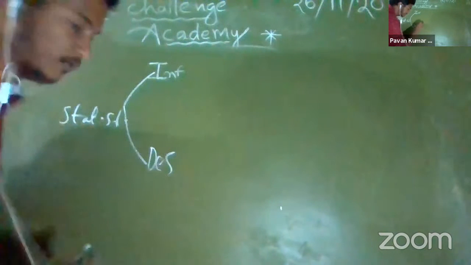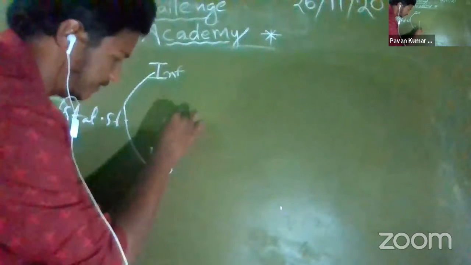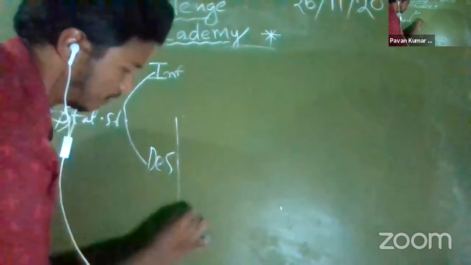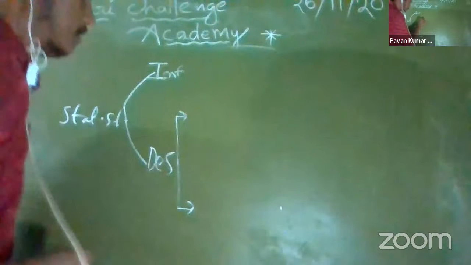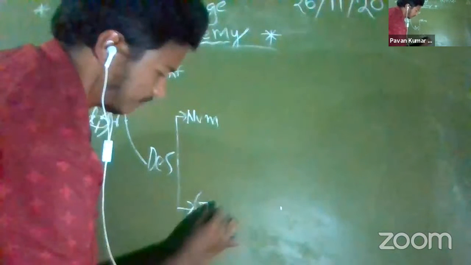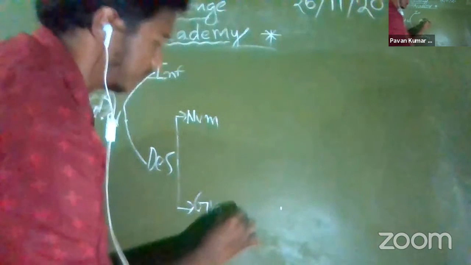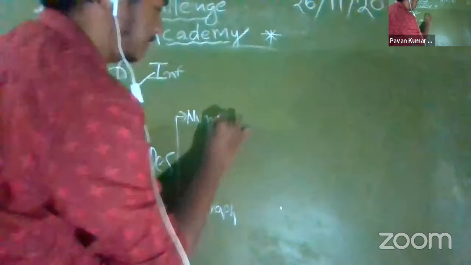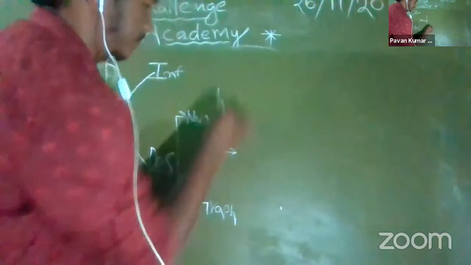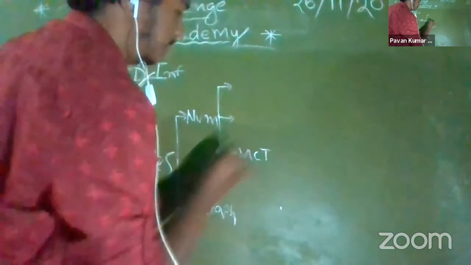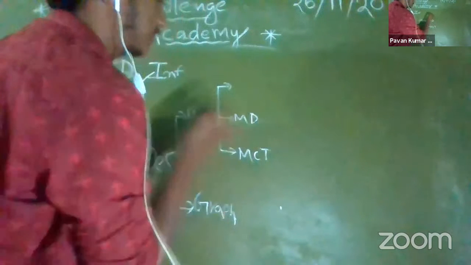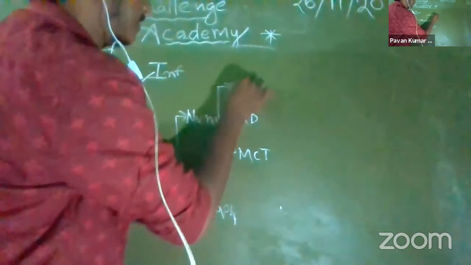Descriptive is divided into two parts: numerical and graphical. Numerical is divided into three parts: measures of central tendency, measures of dispersion, measures of direction.